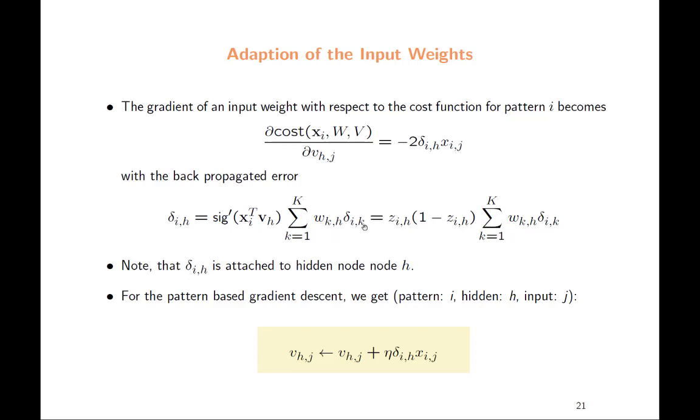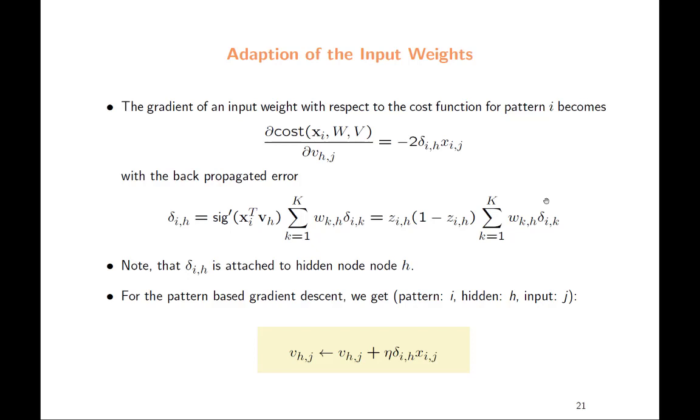So we sum over these expressions. And then with this identity we just learned about, we can write this as z_ih times 1 minus z_ih times the sum. So this is the formula, and you can try at home to derive this formula as an exercise. It's a little bit of bookkeeping with all the indices.